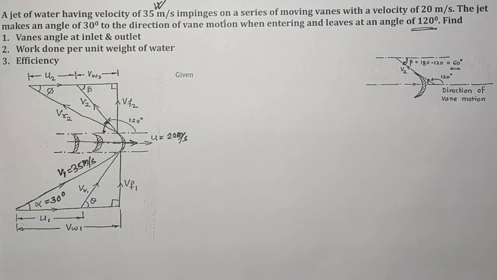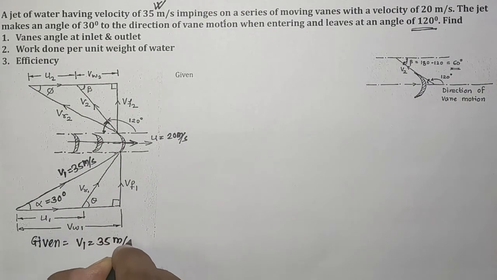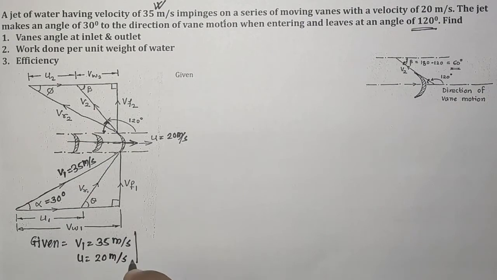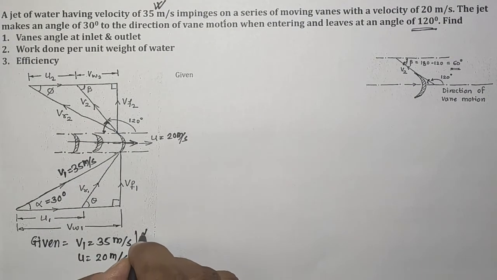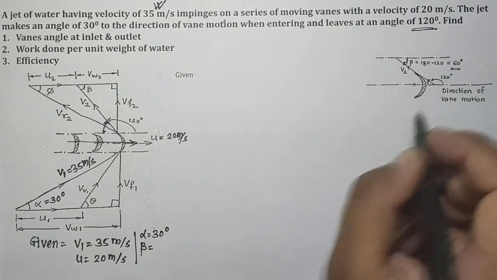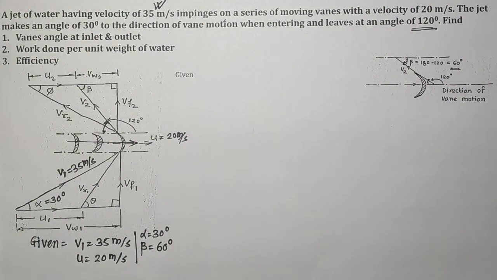Now we will find out what is given in the problem. Given: jet velocity v1 is 35 meter per second, u is 20 meter per second, alpha is equal to 30 degree, and beta, which we just found, is 60 degree.